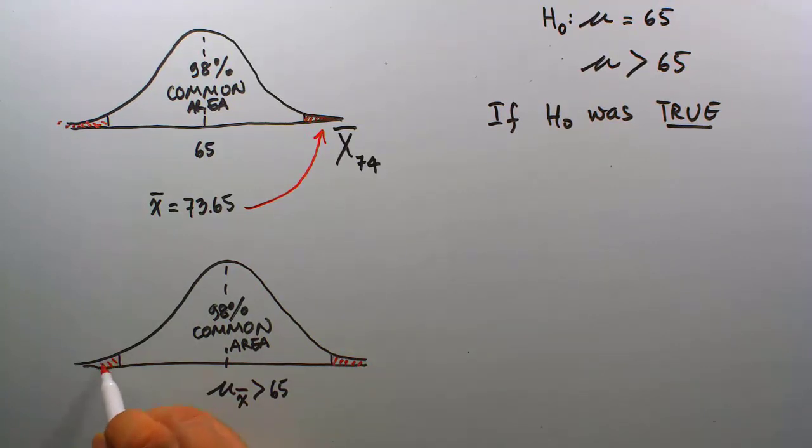And there will always be the two unlikely area values as the two little tails outside of the common area.